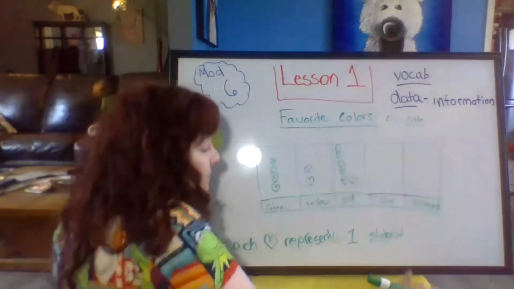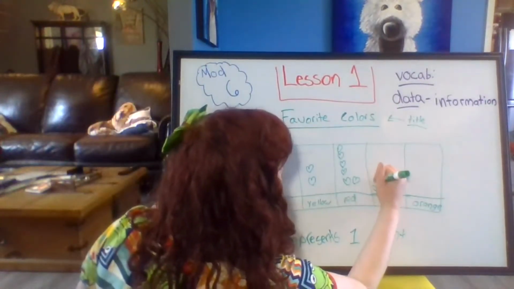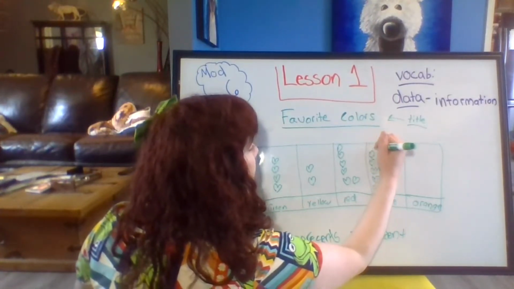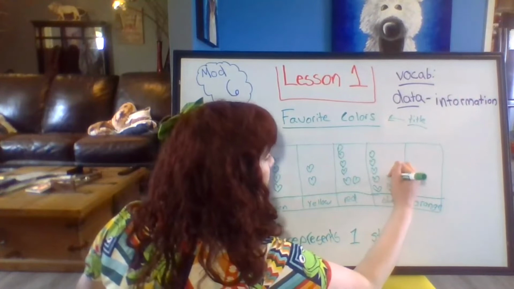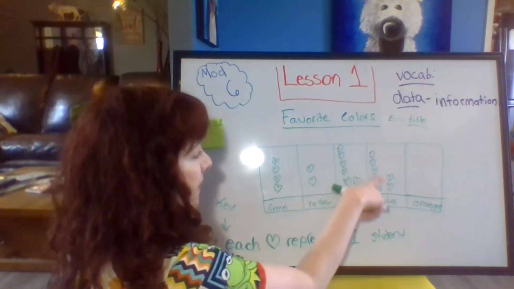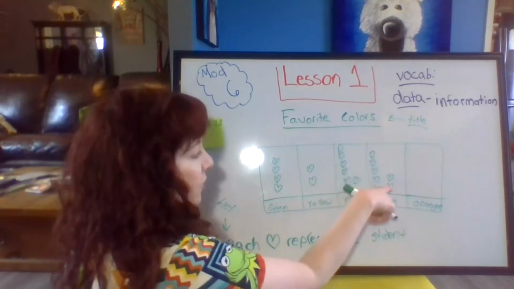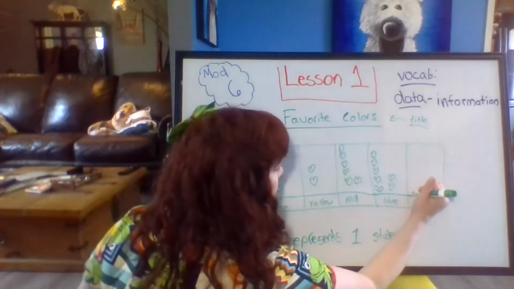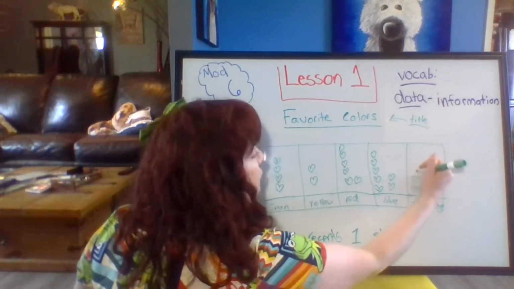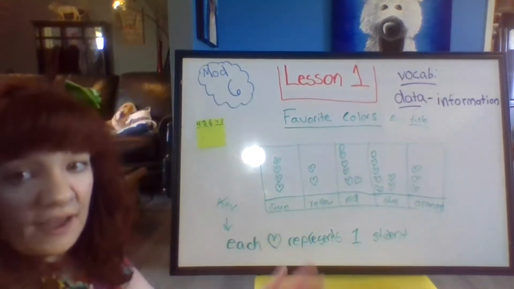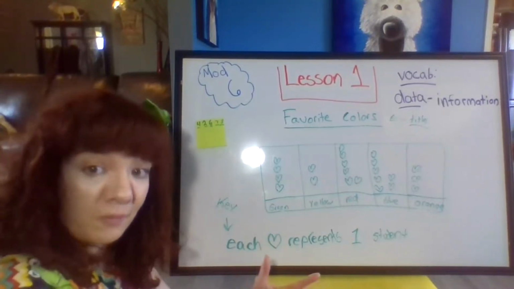Blue, there's 7. 1, 2, 3, 4, 5, 6, 7. And so you can notice I have groups of 5 here. So once I reach 5, I'm going to just move on to the next and start from the bottom up. And 3. 1, 2, 3. So here is another graph or another way to represent my information.